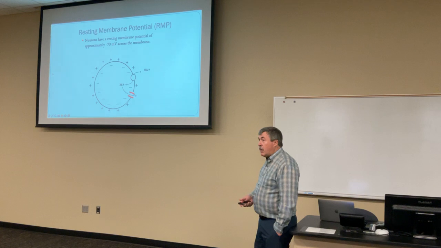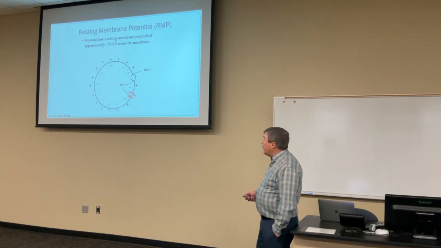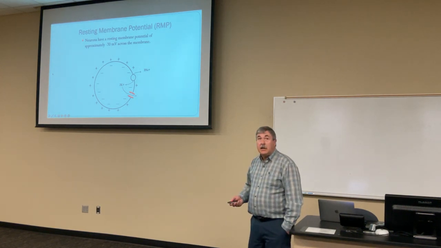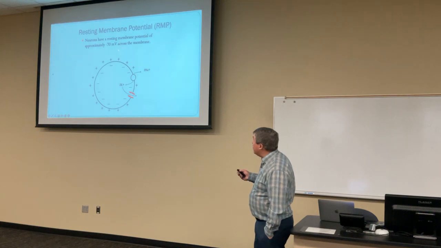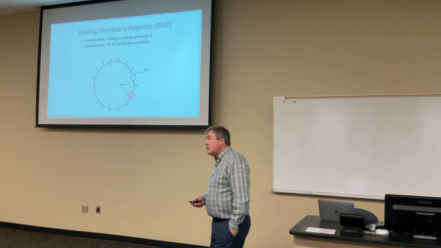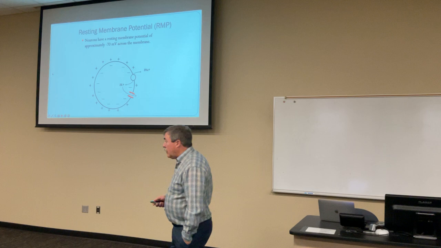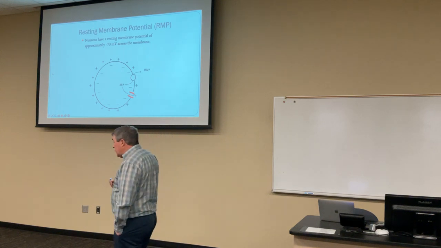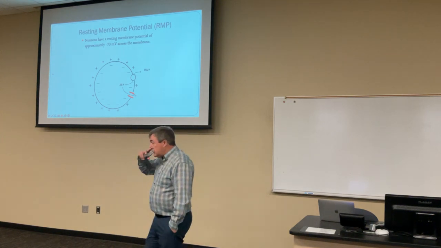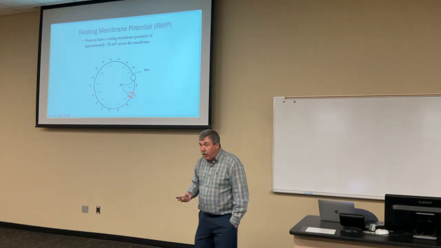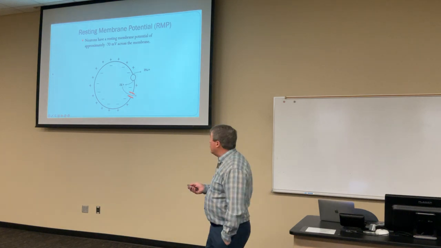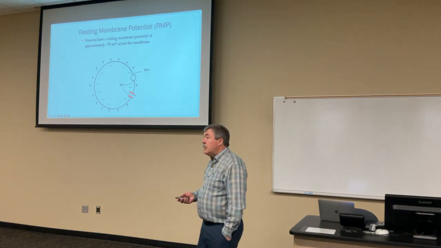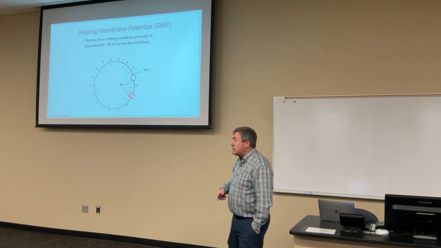So that polarizes the cell, and it polarizes the cell to a magnitude of minus 70 millivolts. Okay. So that resting membrane potential is due in part to the relative concentrations of sodium and potassium across the cell membrane.